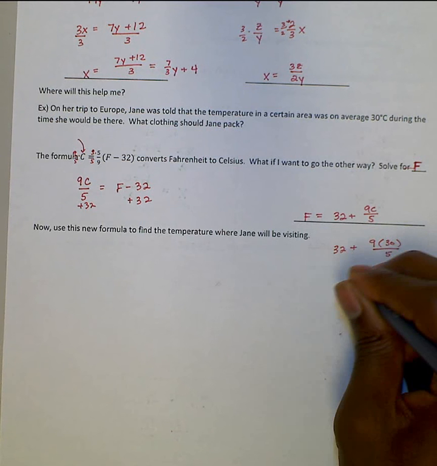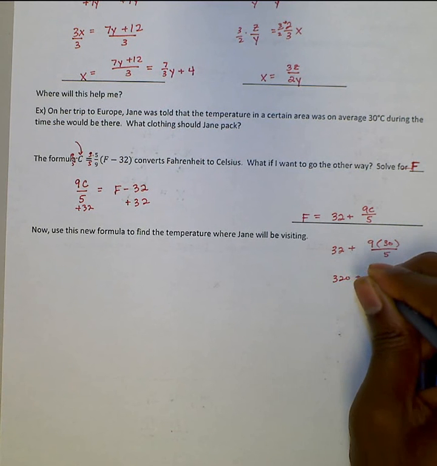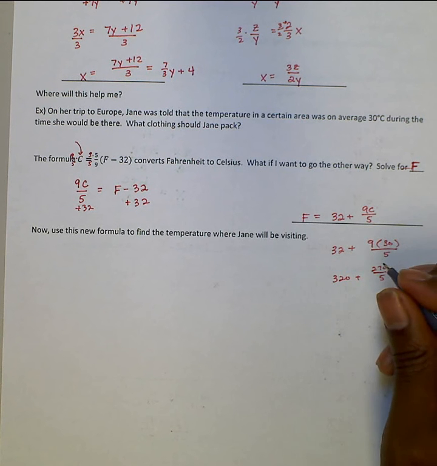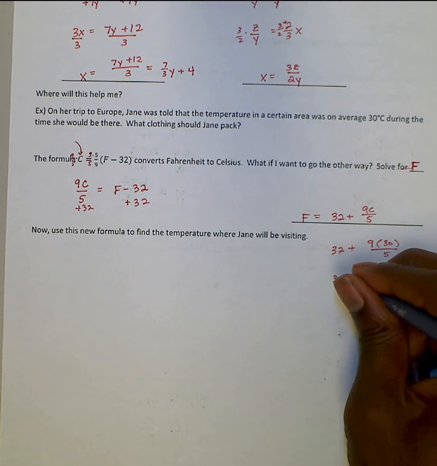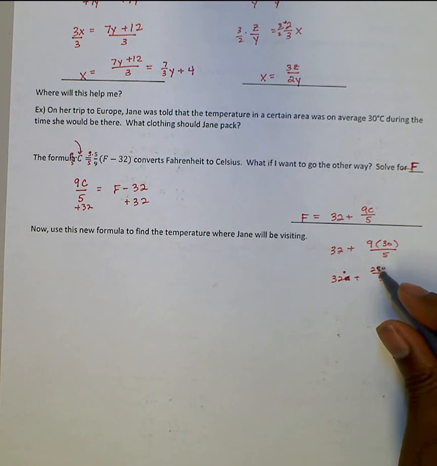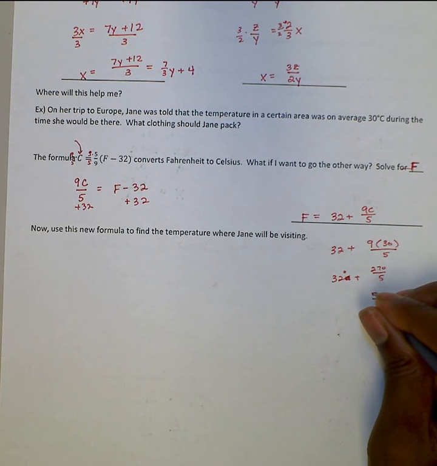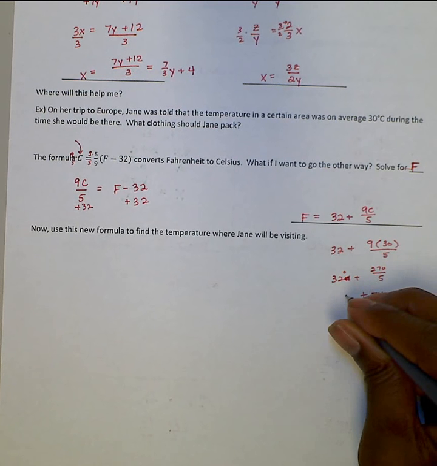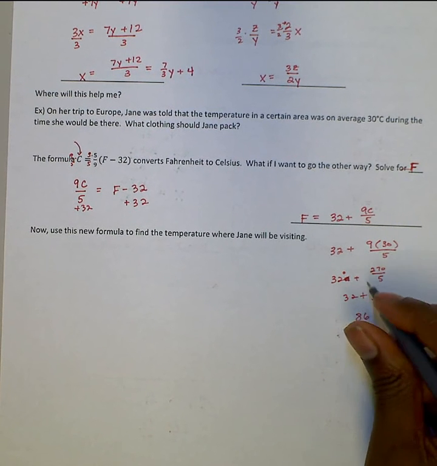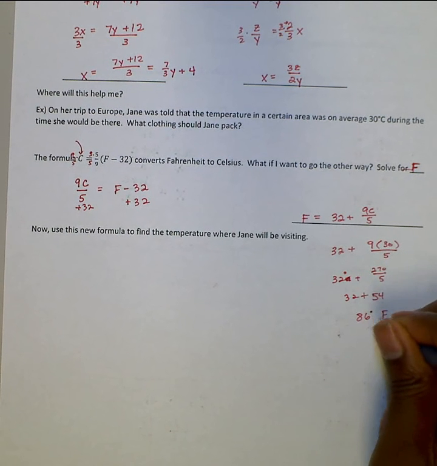So 32 plus 270 over 5, that gives me 54, right? Sorry, 54 degrees, 32 plus 54. It should be 86 degrees. Where she's going is going to be 86 degrees Fahrenheit average temperature.